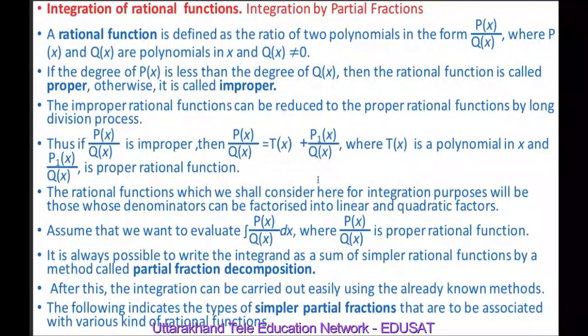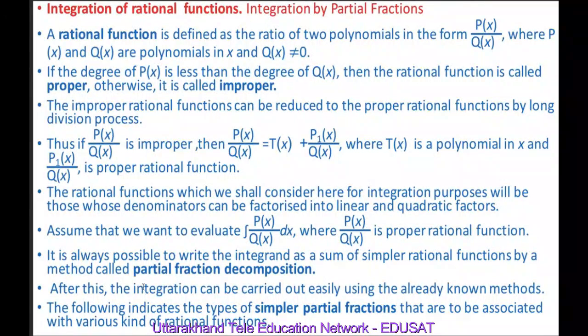So the rational functions which we shall consider here for integration purpose will be those whose denominators can be factorized into linear and quadratic factors. Suppose we want to find the integration of p(x) upon q(x), which is a rational function, where p(x) upon q(x) is a proper rational function.